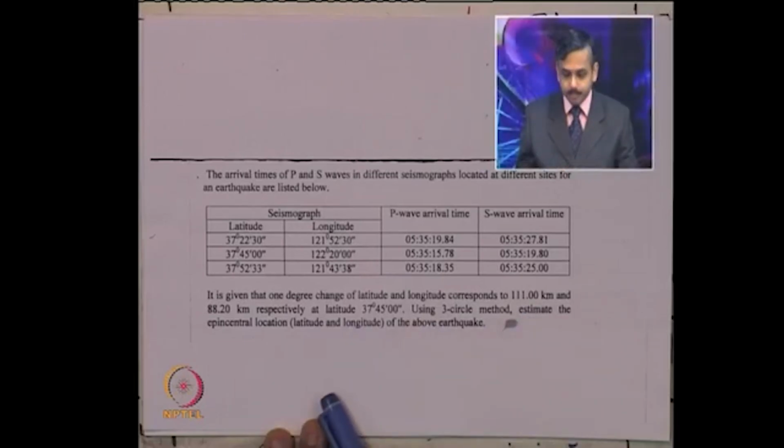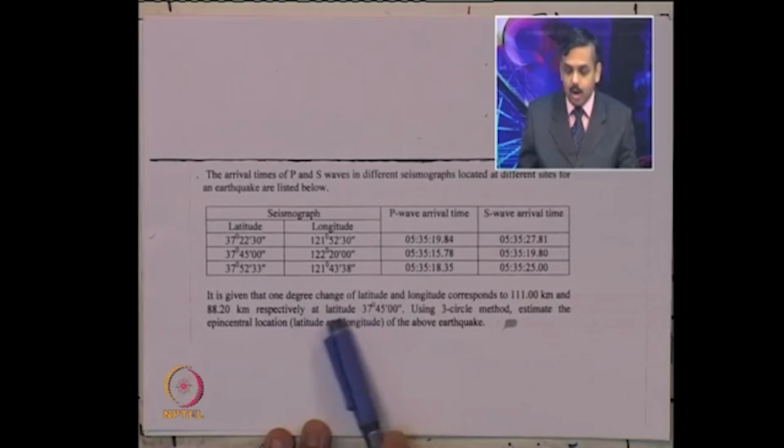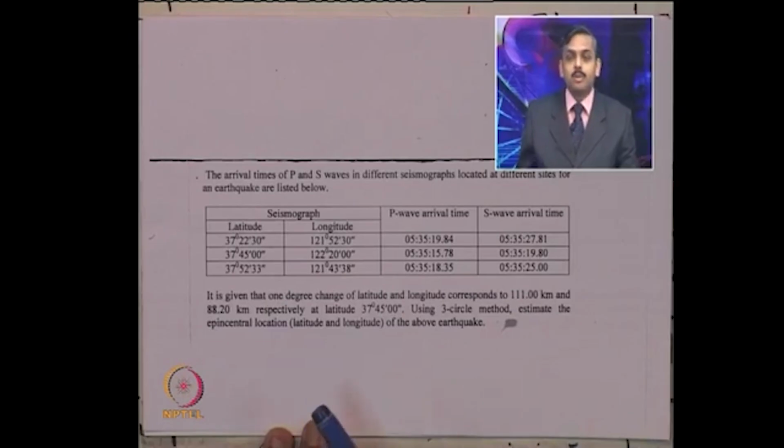Is it right? So, using the 3-circle method, estimate the epicentral location, that means the latitude and longitude of the epicenter. Like we have talked about the various earthquake data, their magnitude, occurrence time, and the latitude longitude in one of our previous lectures, at the initial lecture.